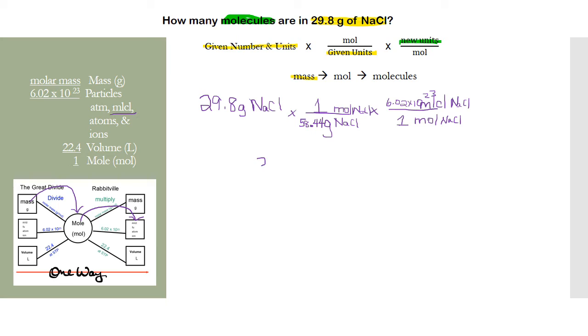And you get 3.069, so we're going to make that a 7 times 10. And watch for the exponents on these. And don't forget to write it down. So 3.07 times 10 to the 23rd molecules of NaCl. The same units on the top and bottom will cancel out, leaving us with just molecules for our unit. So that's how you do a two-step problem.